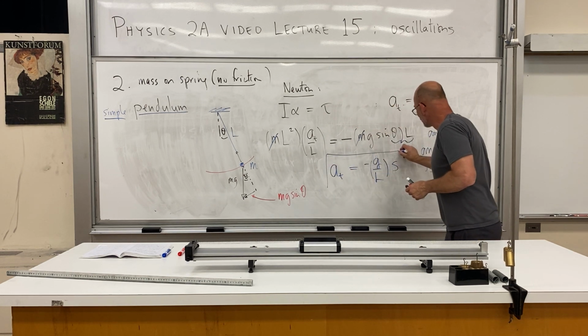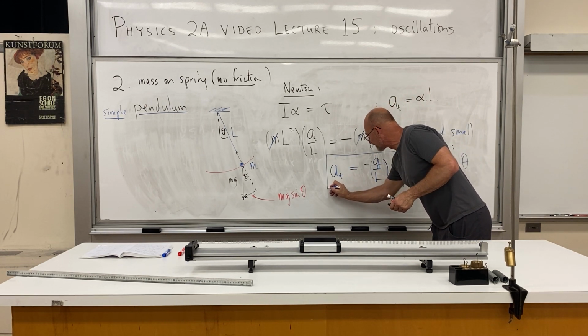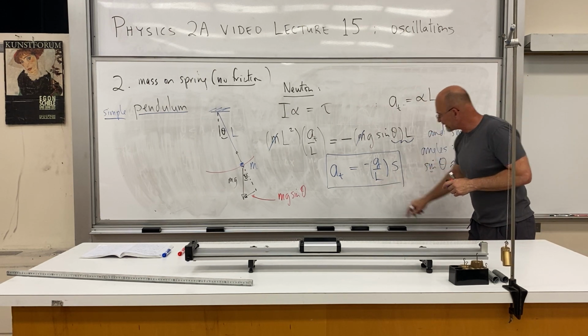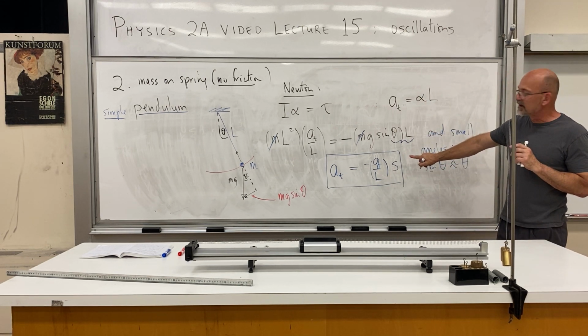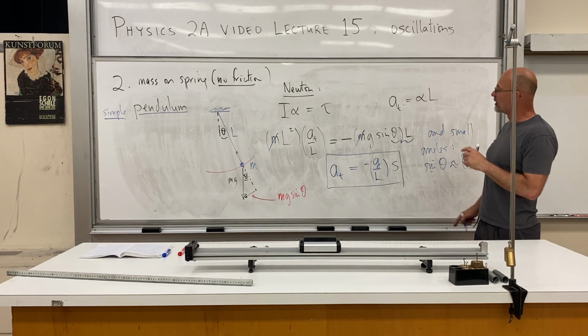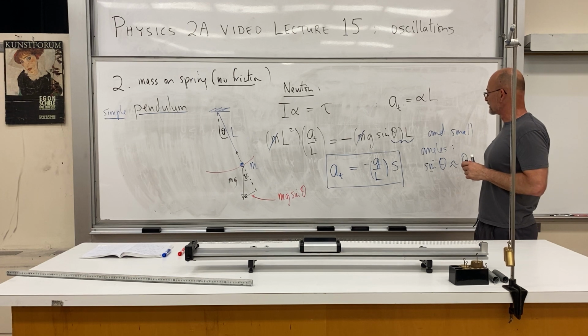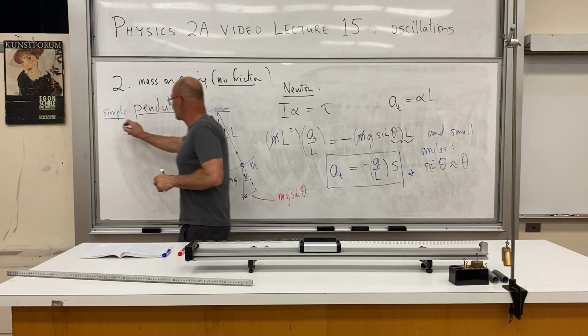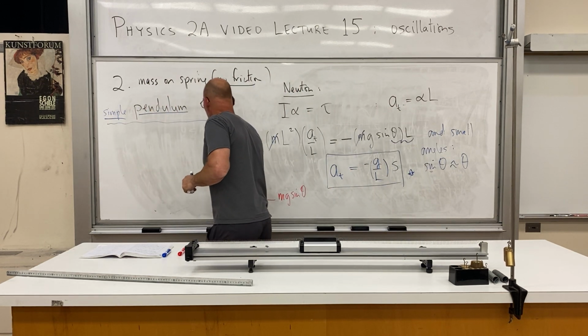Okay. Now what we want to do is focus on this expression here and compare it to the one we had before for the linear harmonic oscillator. So let's put a star here.